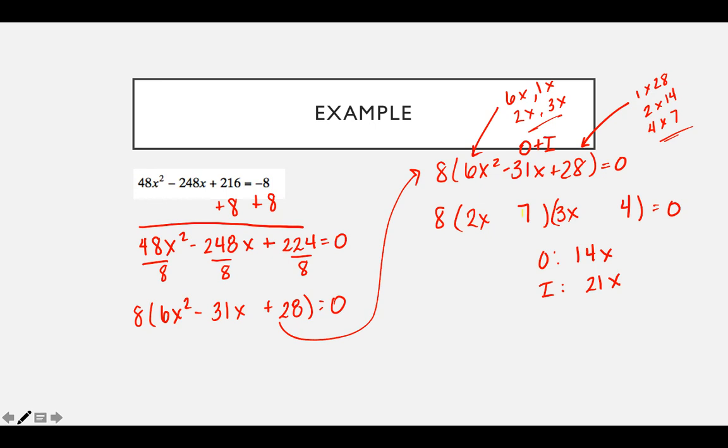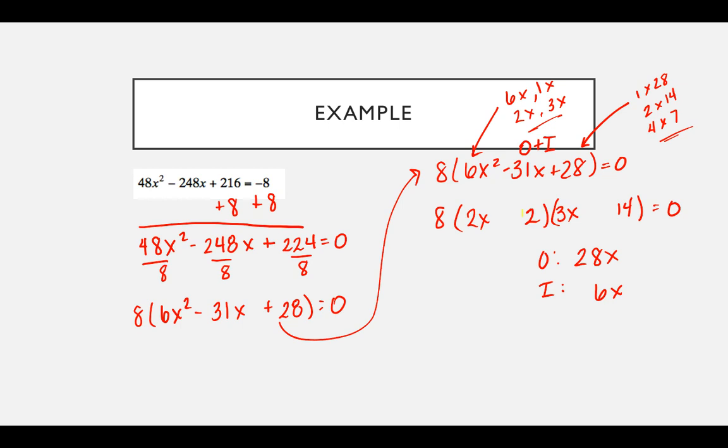So maybe then I try switching it up a little bit, and maybe I'll do the 2 and 14. So say I do a 2 here and a 14 here. My outside terms are 28x and my inside terms are 6x.